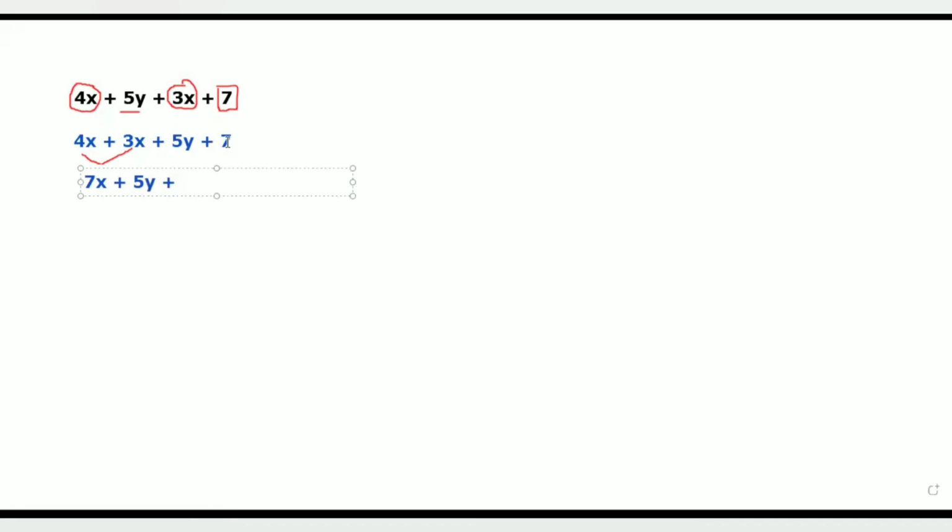We have no other numbers to add. Right? They are all algebraic terms. So numbers, no. 7 also we'll write as it is. Right? So the simplified answer for this algebraic expression is 7x plus 5y plus 7.